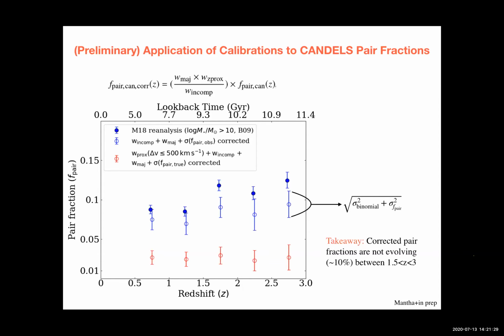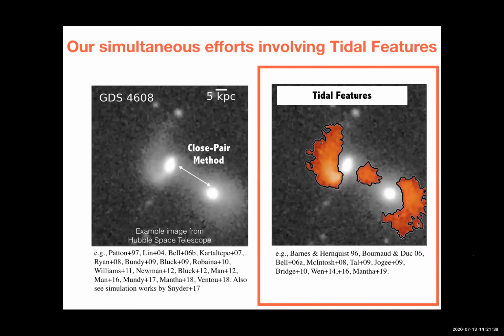Okay. This is the first part of my talk, and then I'm just going to briefly go into simultaneous work that I'm doing using tidal features. So we are analyzing tidal features, and we want to understand the detectability of tidal features, and how often we see tidal features among merging galaxies, like the time scale and so forth.